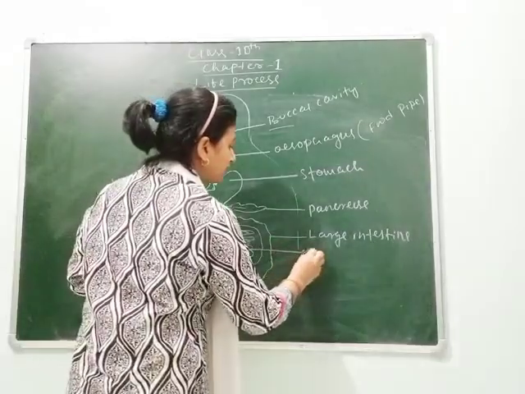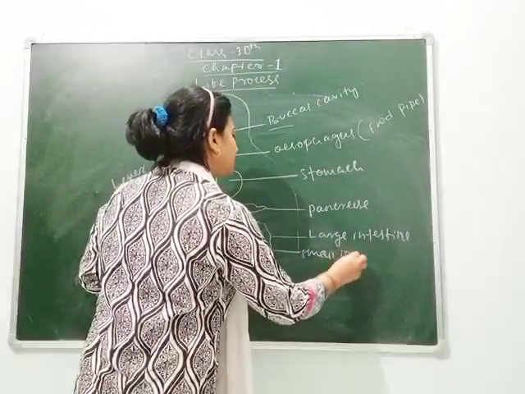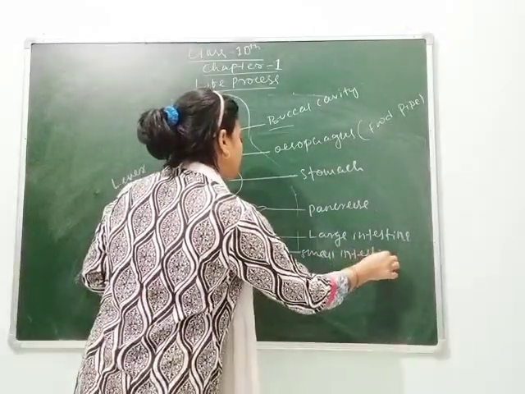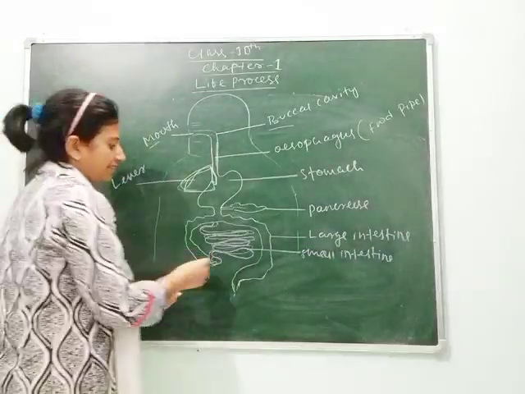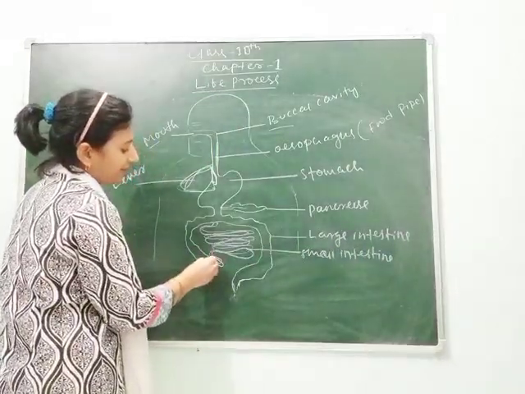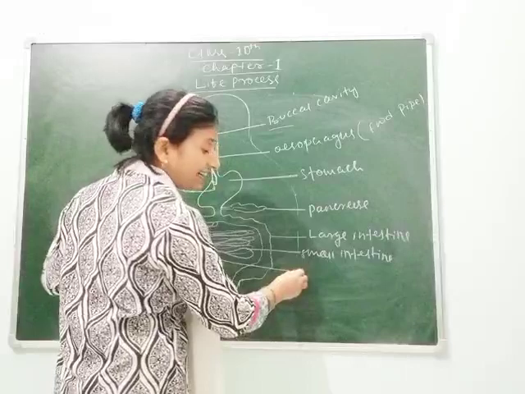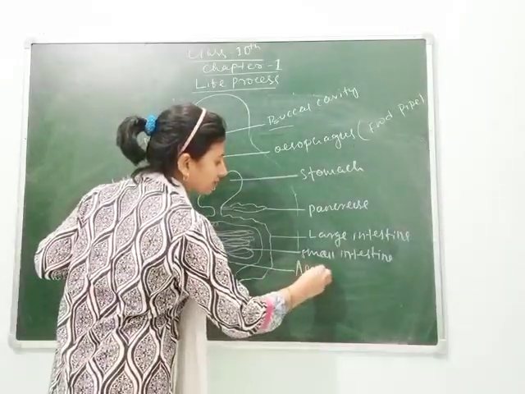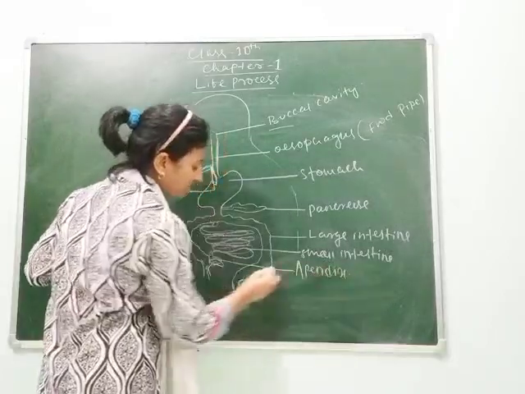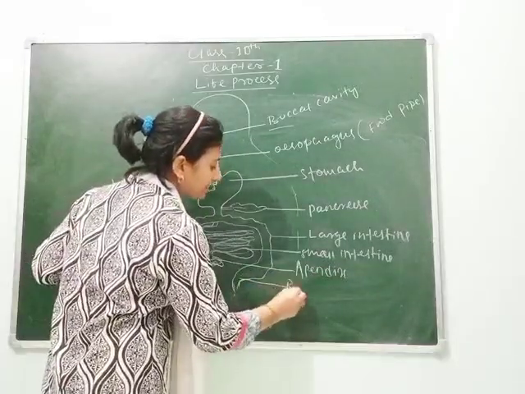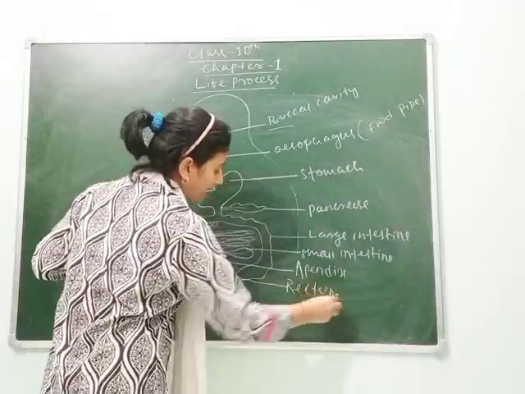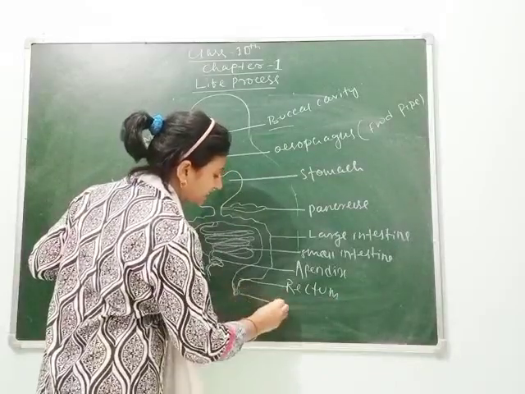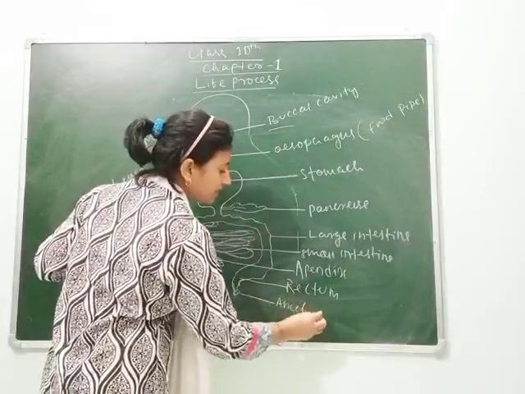This part is small intestine, and the appendix is present between the small intestine and large intestine. This part is called rectum, and this part is called anus, through which the undigested food is removed.